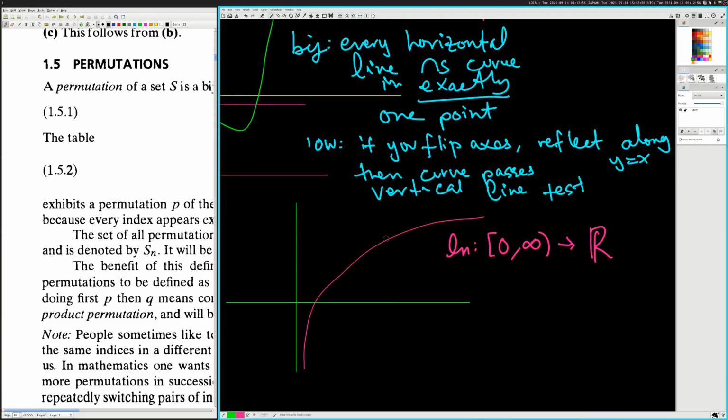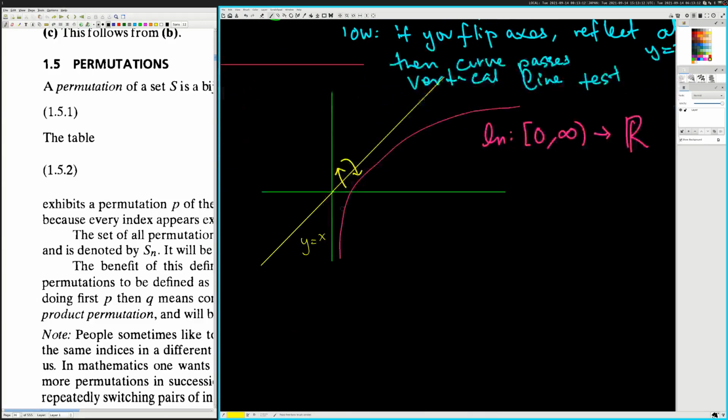By that what I mean is you take the line, I'm going to try to draw it as best I can. This is the line y equals x, and then you reflect over this line, and you get instead the most important function in CIA mathematics, which looks like this.